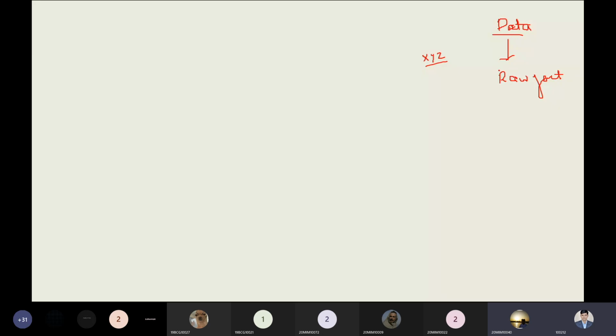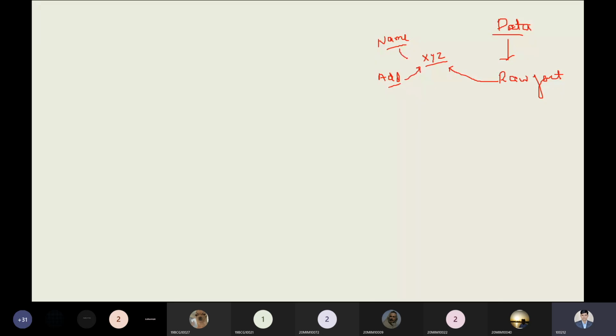We are saying it is a raw fact, so how can it become processed data? We have to assign something to this data. If I write name for this data, then it becomes a name: XYZ is the name of a person. If I write address in terms of city, then this could be a city name.